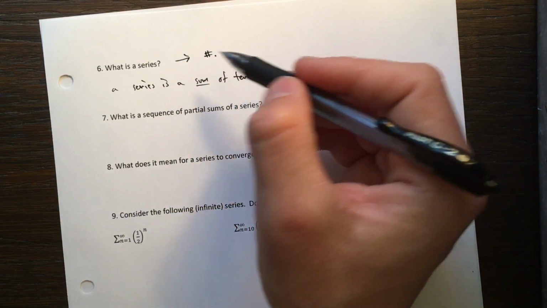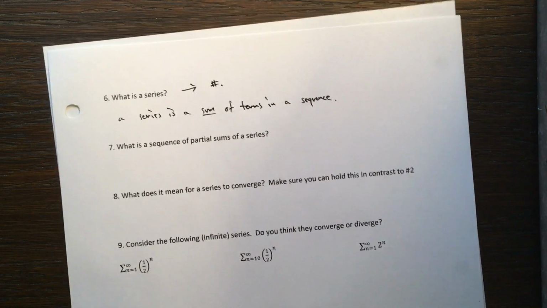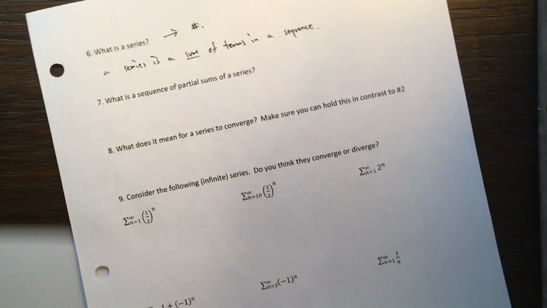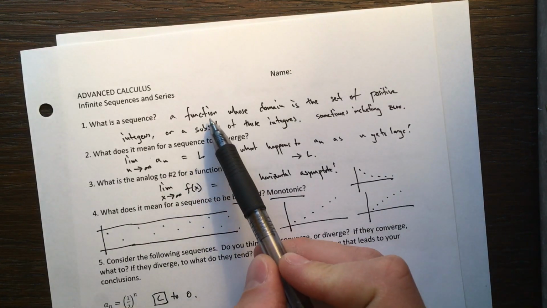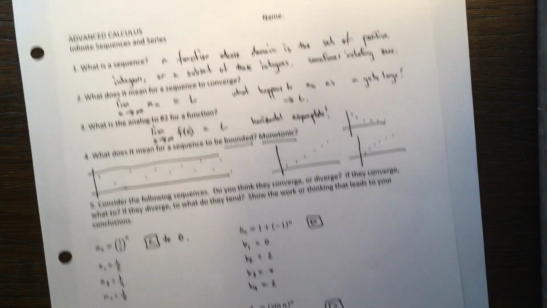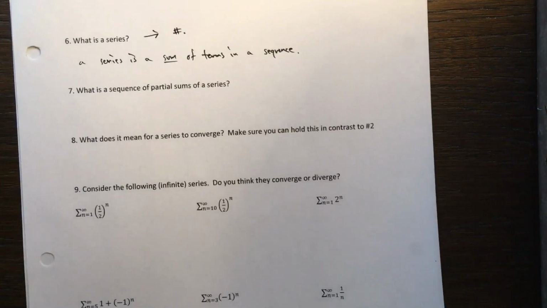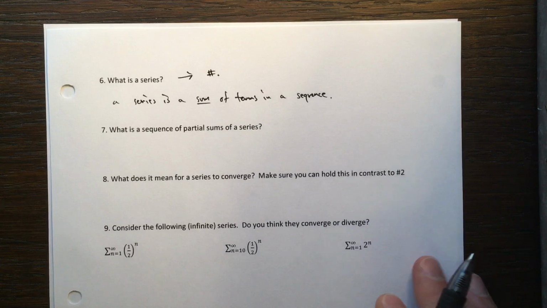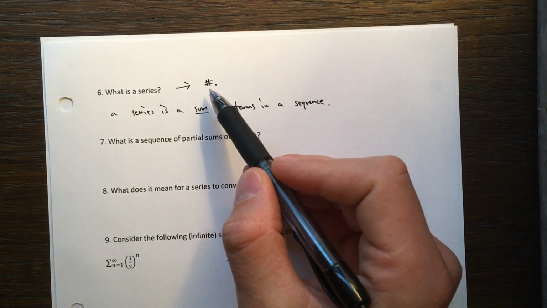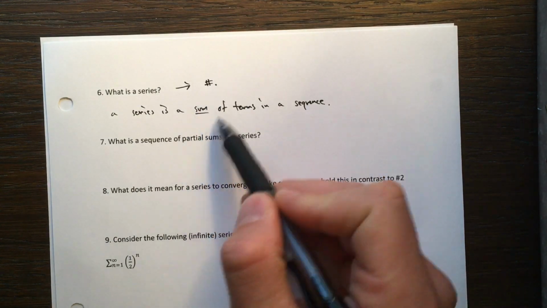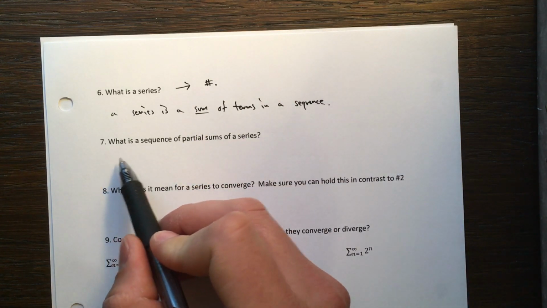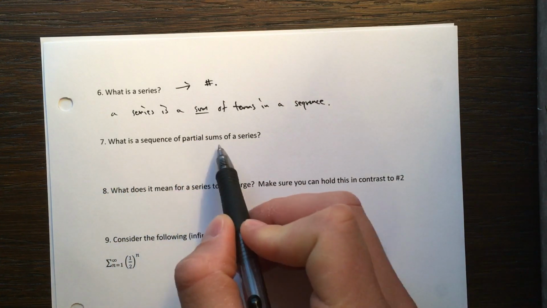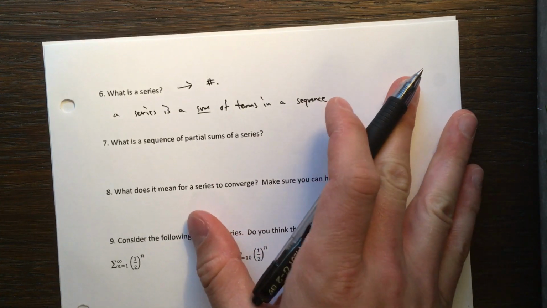At the end of the day, a series just gives you a number. Coming back over here, a sequence is a function. So a sequence has to be a whole list of things, whereas at the end of the day, a series is a number, or it's heading towards infinity or something, because we're just adding all these things up. It's a sum, so it's just some random number. No pun intended. What is a sequence of partial sums of a series?